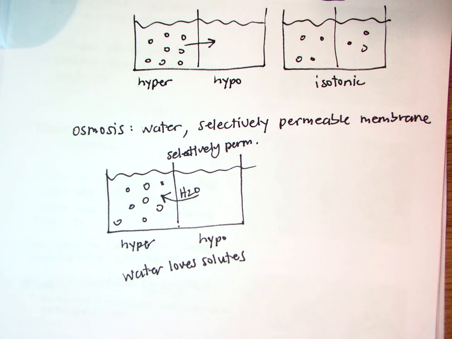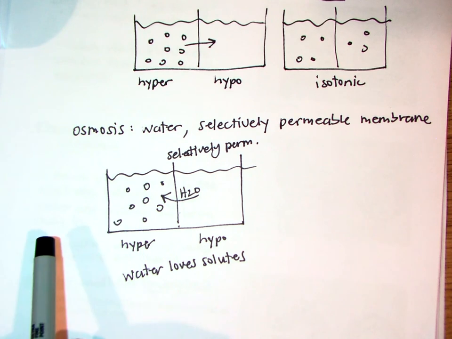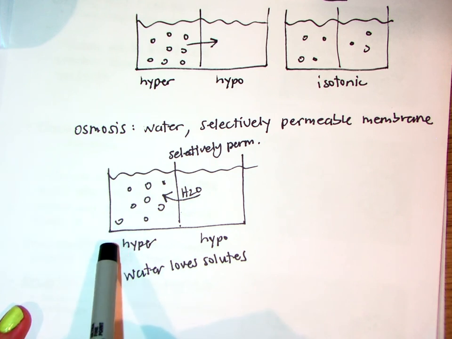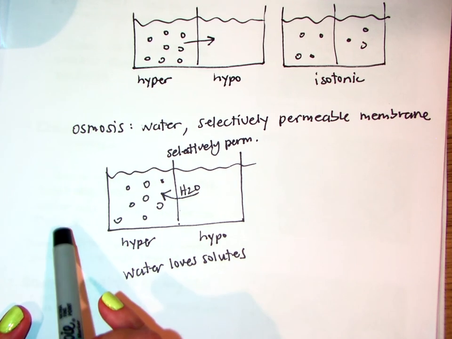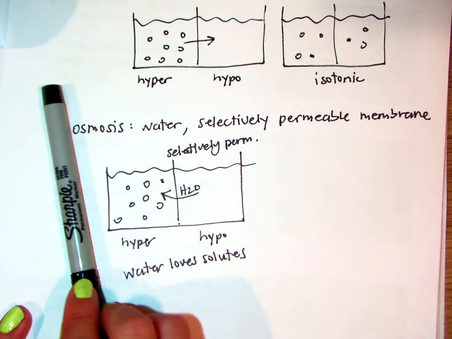So in this case water would move over to this side. A real life example of this, if you think about plant cells, of course osmosis is important for plants. If you have celery and it is limp and flimsy and you stick it in water, what will happen is, because of osmosis, the celery itself has a lot of solutes inside, basically cellulose, so carbohydrates and sugars, and the water that you put it in is hypotonic, and so that water is going to be attracted to the solutes inside the celery, so it's going to go into the plant cells, and that piece of celery will become rigid.